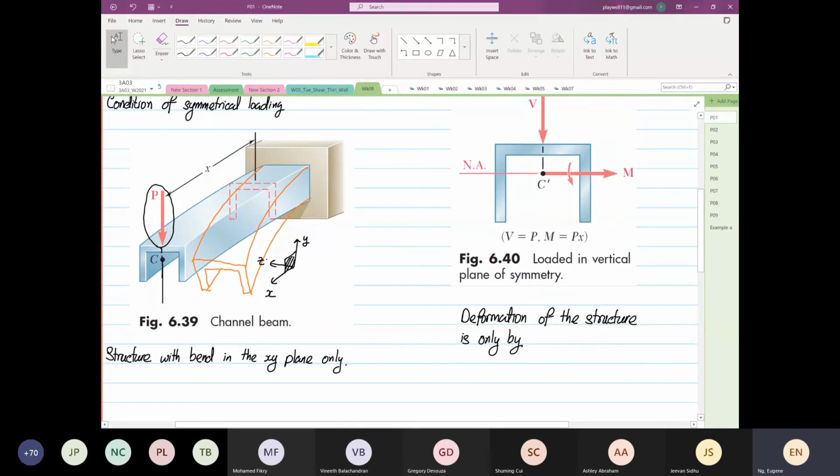Sorry, only by bending, and the deformation or deflection will occur on the xy plane only.